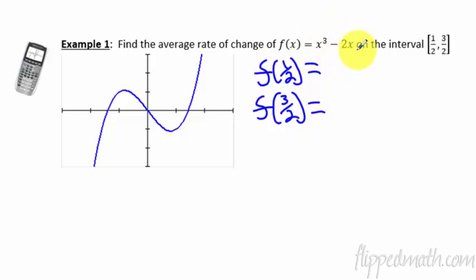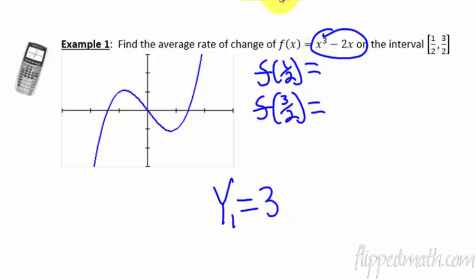I could do this longhand, but I'm going to cheat and use the calculator to go a little faster. If you pull up the calculator, you plug in y1 equals this thing, 3x squared minus 2x. So we plug that in here.